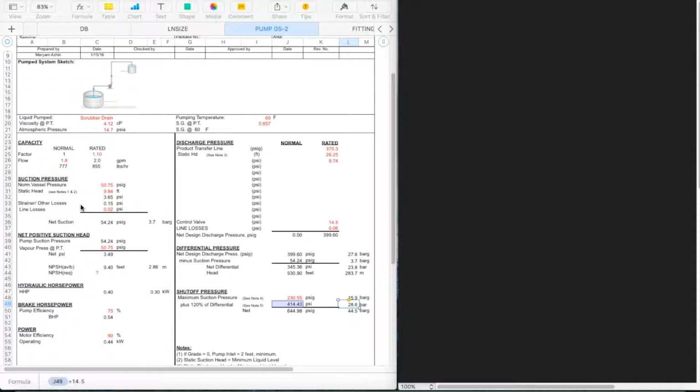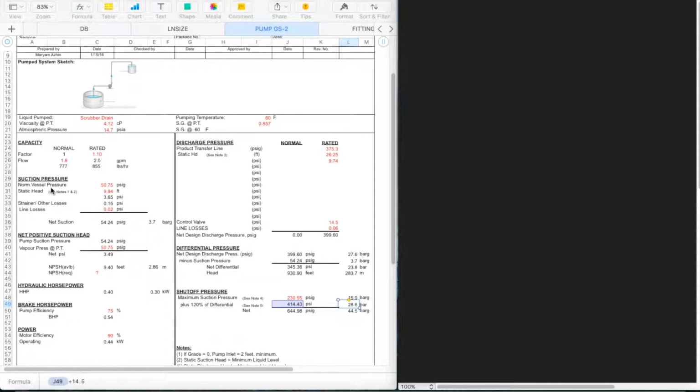Another factor we want to calculate is shutoff pressure. Another important factor is NPSH and power also.